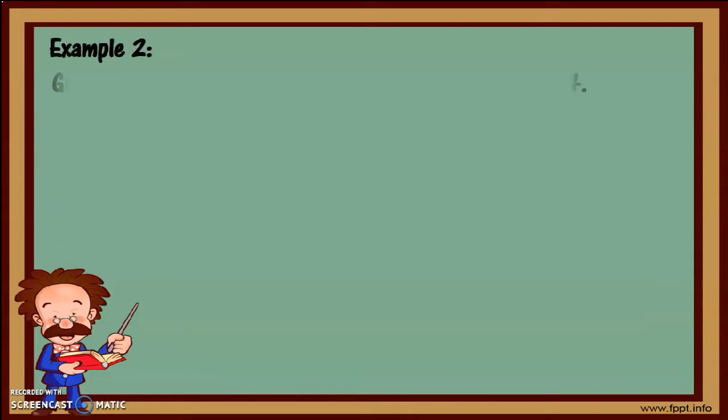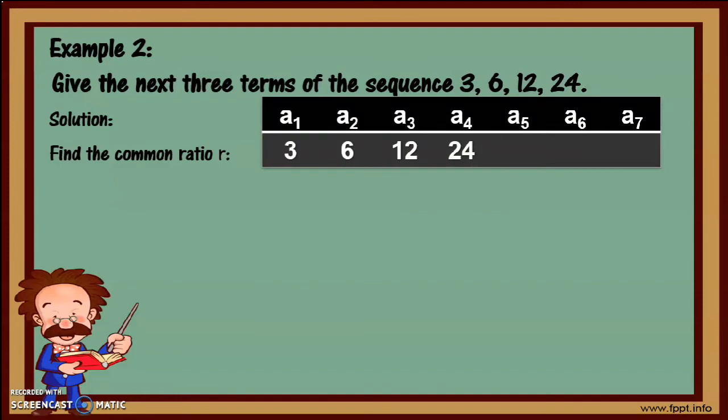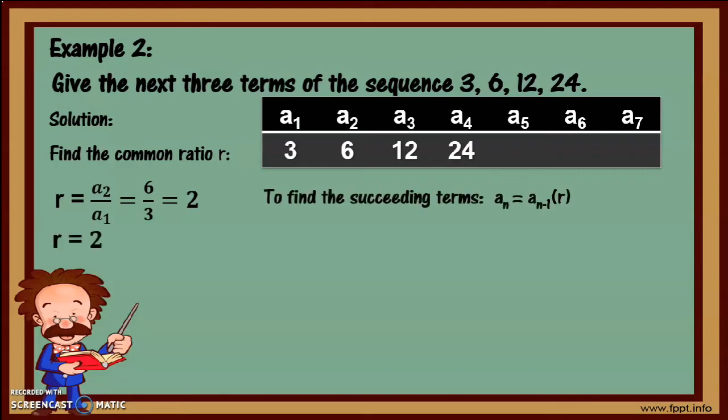Another example. Give the next three terms of the sequence 3, 6, 12, 24. Once again, let us find the common ratio by dividing the second term by the first term. So, a sub 2 is 6, and a sub 1 is equal to 3. So therefore, the common ratio is equal to 2. Now let's find the fifth term.